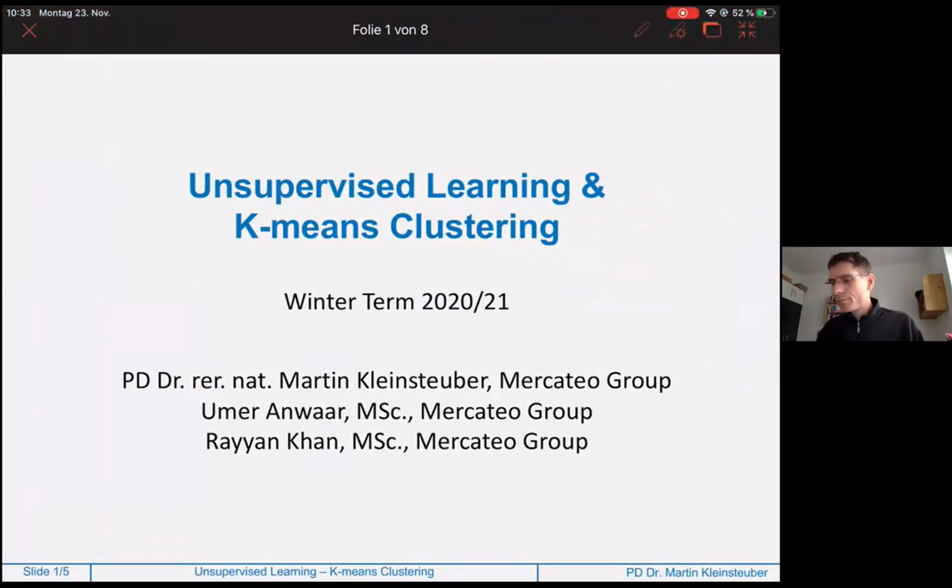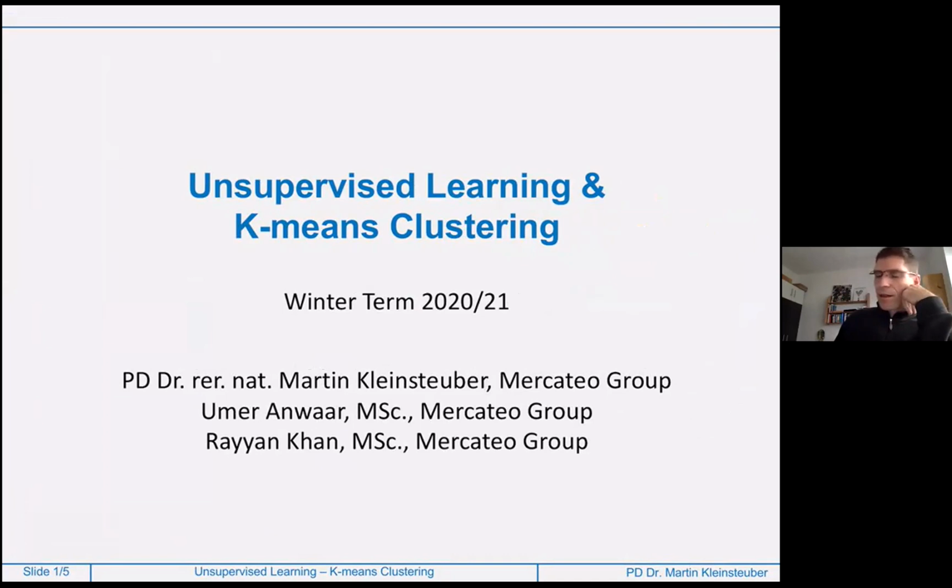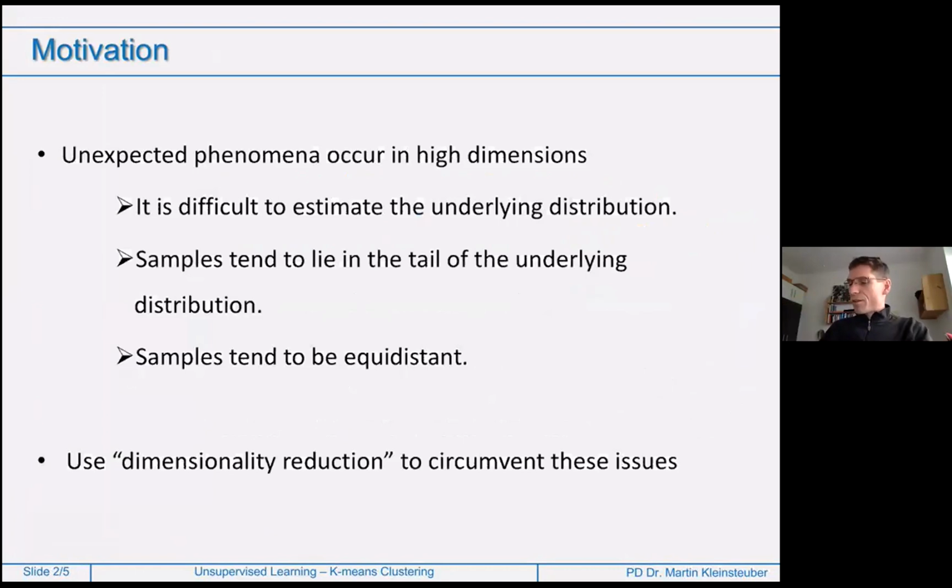Unsupervised learning, and in order to transport the idea of unsupervised learning, I start with a very, very easy example, namely k-means clustering. Perhaps you have already heard about this k-means clustering approach, but I want to put that in a broader perspective of unsupervised learning.